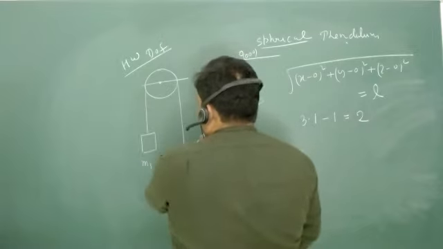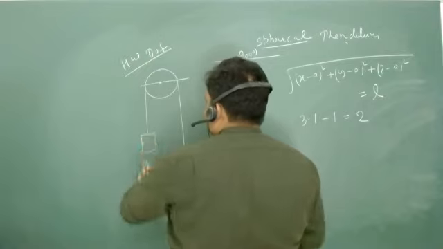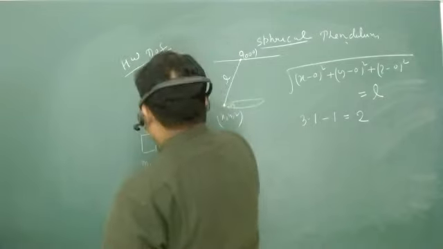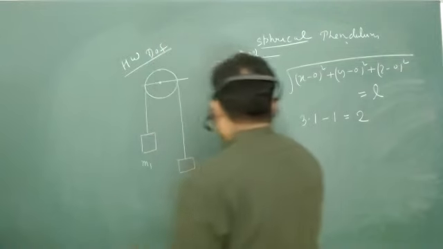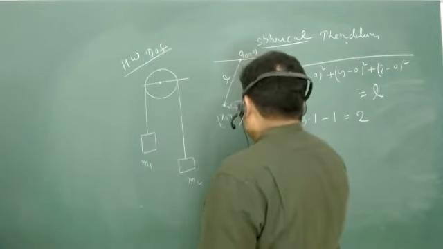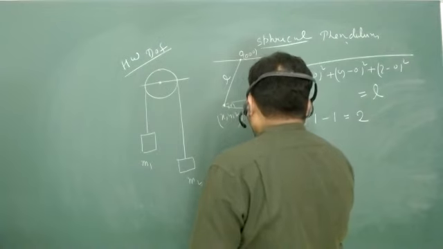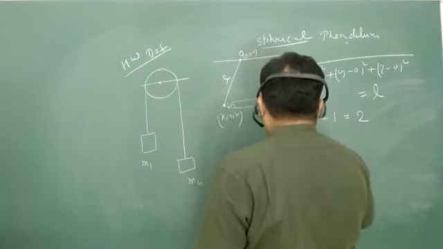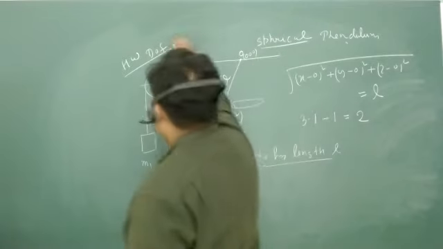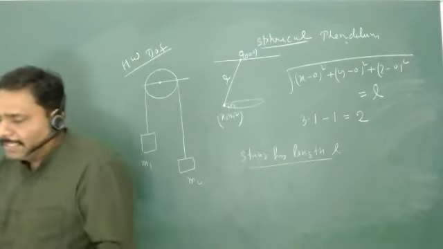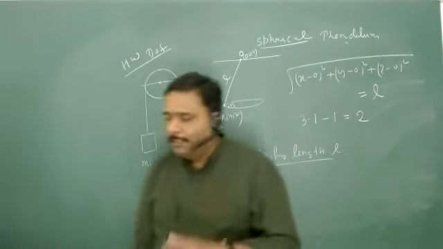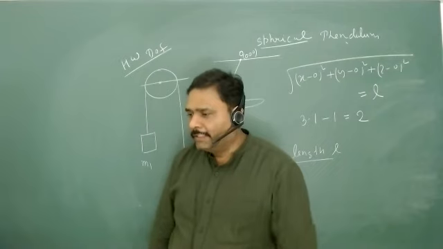They cannot move in any plane. This can move up and this can move down. Obviously, the string has length L. Please post your answer or solution in your WhatsApp group. I will check it.